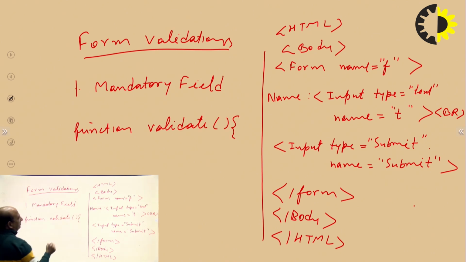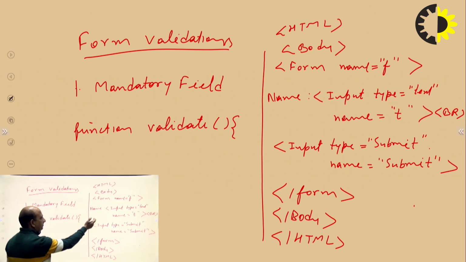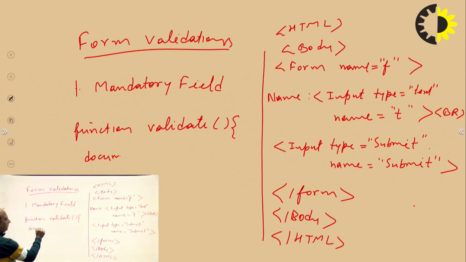And in this function I am accessing the value of this form. To access the value of this form, you have to use document, because the root element of any JavaScript is the document.